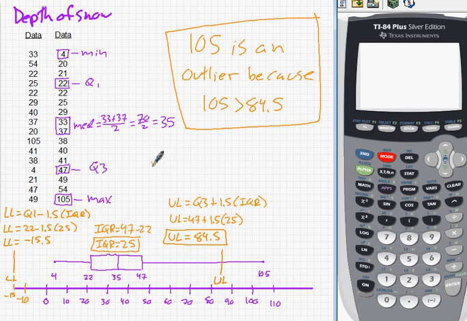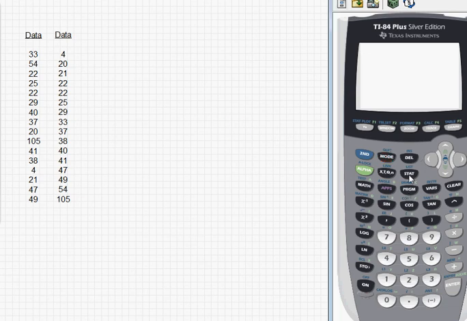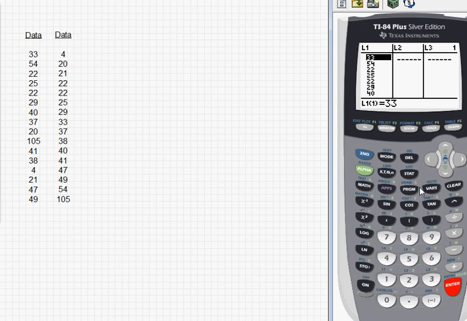Now, there's another way of finding outliers using the mean and standard deviation. To use that method, of course, we need the mean and standard deviation. So we come over to our calculator. We can enter our data into L1, which you can see I already have done.